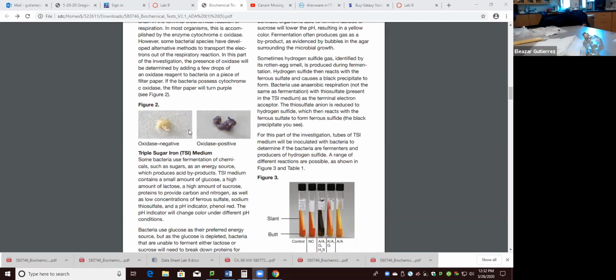There's oxidase positive, oxidase negative. So if it stays in amber color, that's oxidase negative. If it turns purple, then it's oxidase positive.